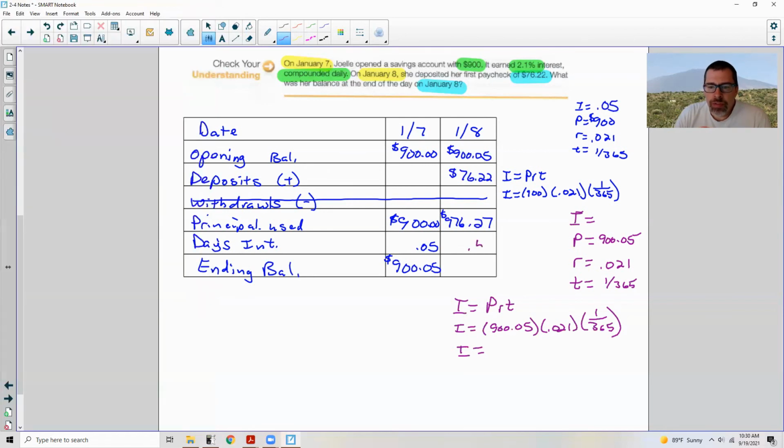So she made 5 cents on day 2. So her new balance is 27 plus 5 is 32, and just bring down that 976. Okay, so she made 10 cents interest in 2 days. $976.32.